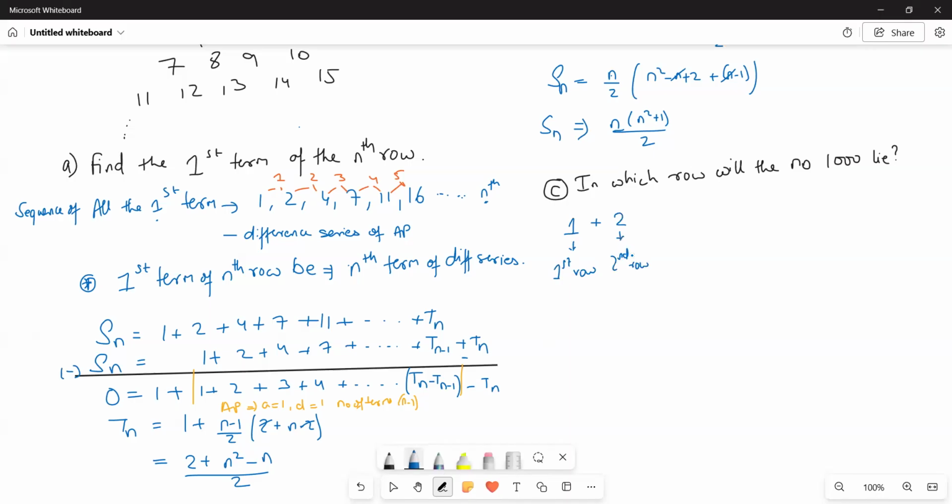So by the end of the second row, we have already accommodated three terms. Now the third row has three terms. So at the end of the third row, we have accommodated six terms. This would be the fourth row. So by the end of the fourth row, we have accommodated 4 plus 3 plus 2 plus 1, 10 terms. ये समझ में आ रहा है?